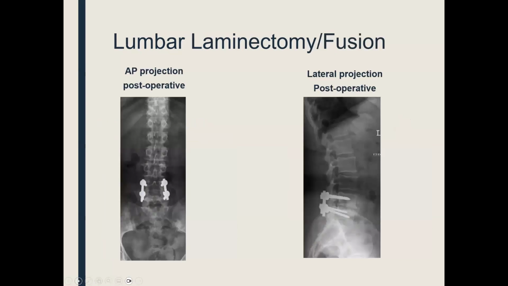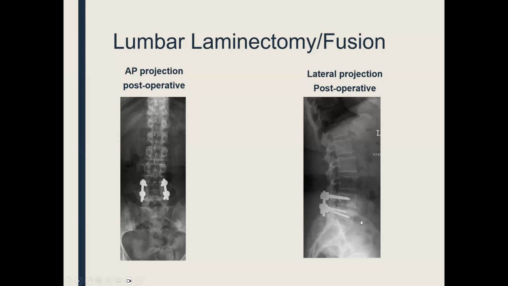This is a lumbar laminectomy or fusion. This is a common spinal procedure, which involves partial or complete removal of the lamina of the lumbar spine. It can relieve compression on some of the nerve elements in the spinal cord due to stenosis or just some form of spinal compression.